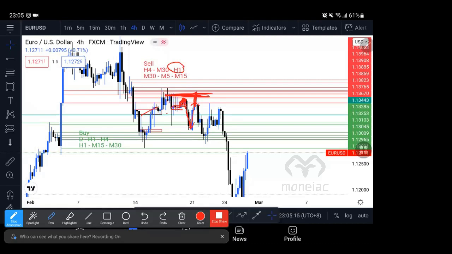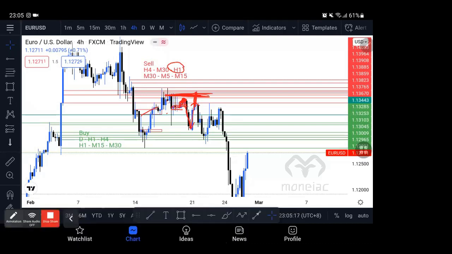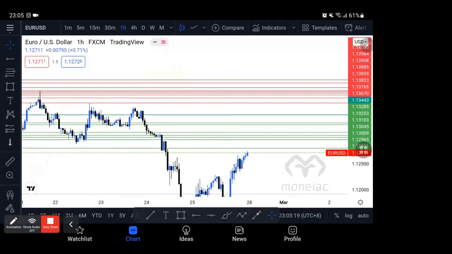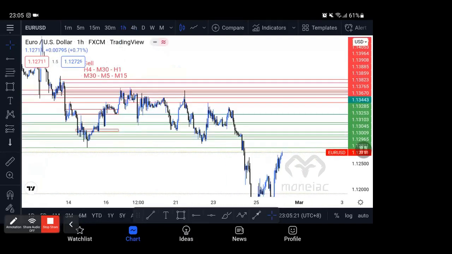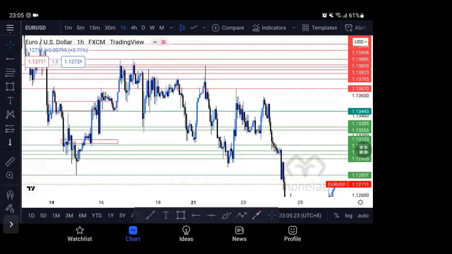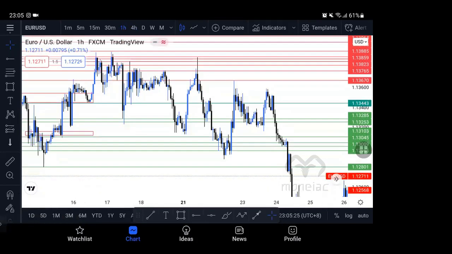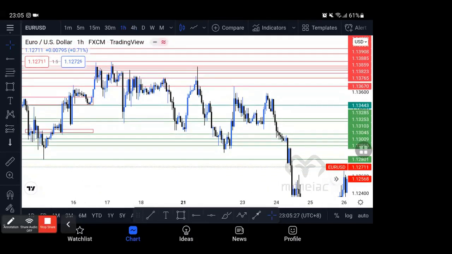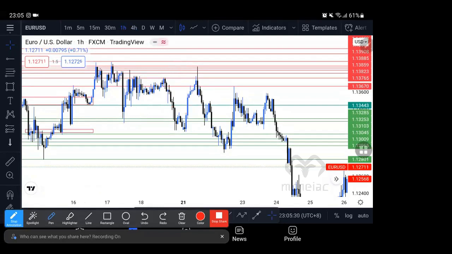We did break the H1. But this setup is a bit slow. This part really pissed me off actually, because it's taking too long to go.